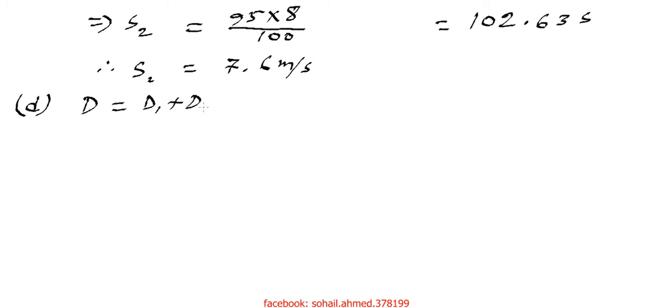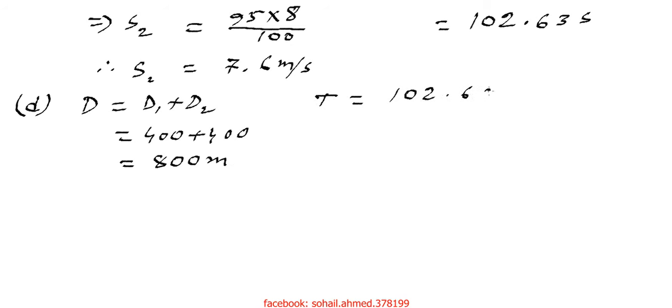First lap 400 meter, second lap also 400 meter, so total 800 meter, and total time we have found already, 102.63 second.